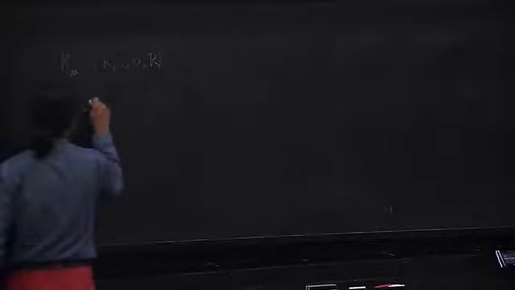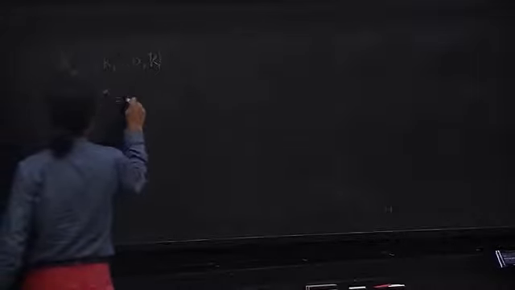Then the Ward identity tells us that the 0th component is equal to the third component. So we can now take this polarization sum and apply this.